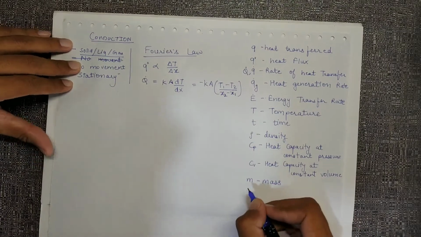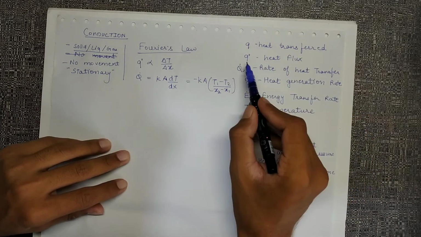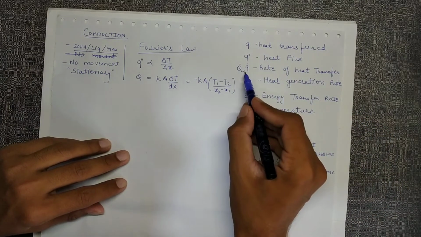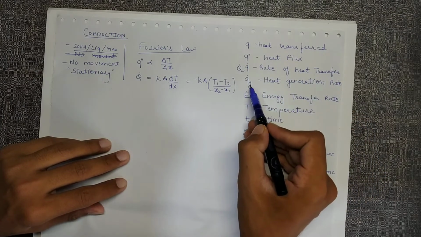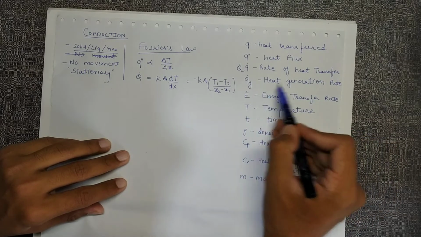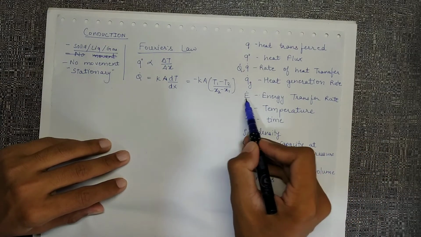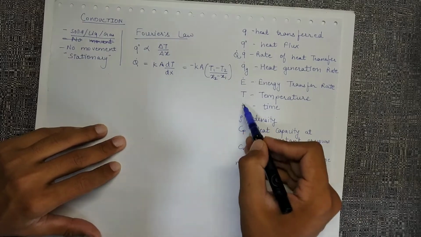Over here let's just revise this terminology quickly. Q was heat transferred. Q dot is the rate of heat transfer. It can be capital, it can be small. Q double dash is heat flux. Q dot subscript G, that G is for generation, so the rate of heat generation. E dot, in general E is the energy, so E dot is the energy transfer rate.